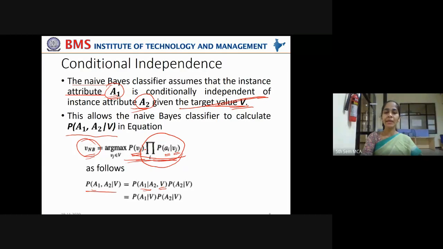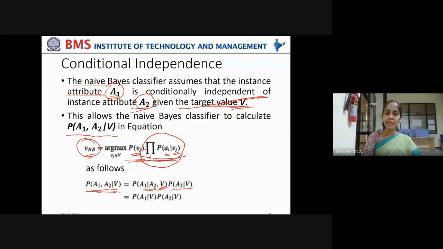Okay, this can be written like this. Probability of A1 comma A2 given V. How do you write it? Probability of A1, which is conditionally independent of A2 given the target label V, multiplied by probability of A2 given V. Right?